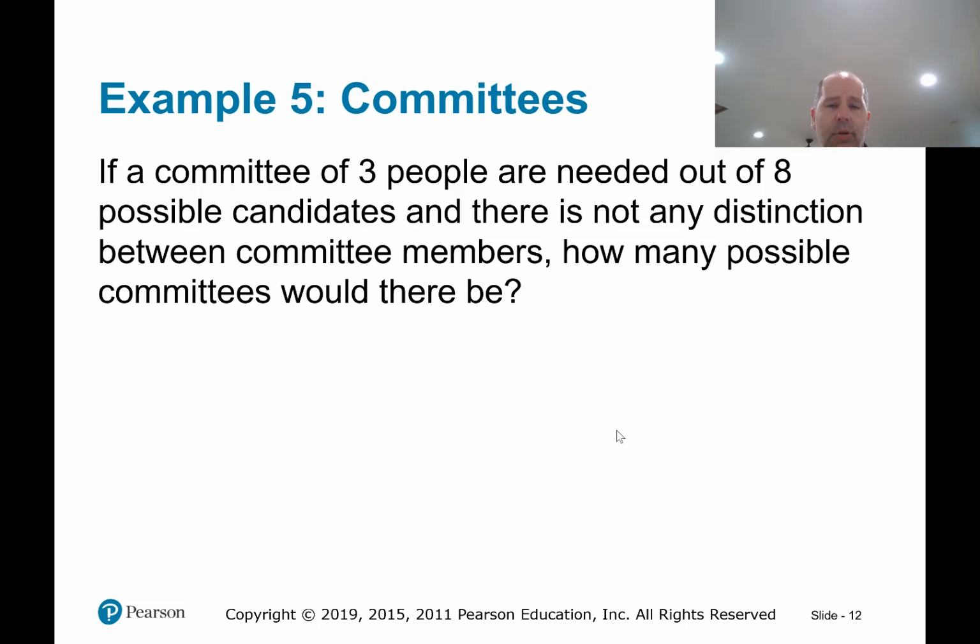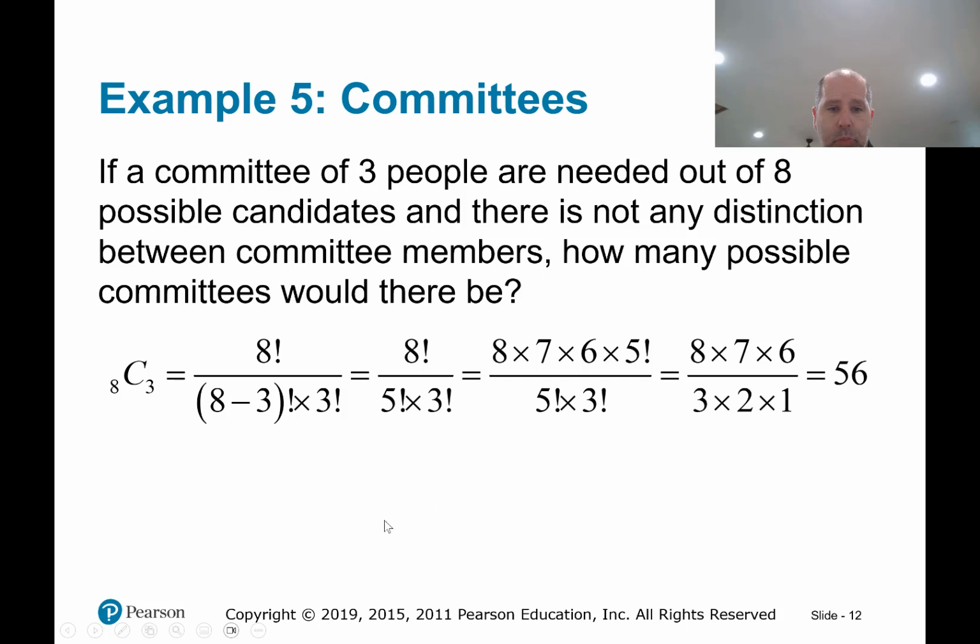And then all we're going to do is divide by 3 factorial, or 6. And look at that, right at the end, we have 8 times 7 times 6 divided by 3 factorial, and that gives us 56. So there are 56 different combinations of getting a 3-person committee from 8 people.